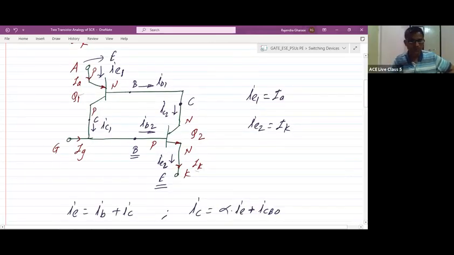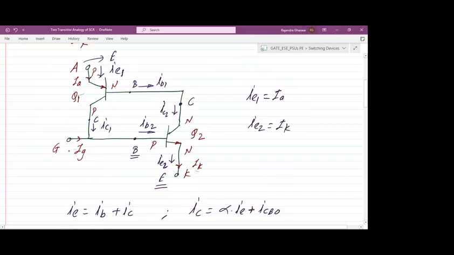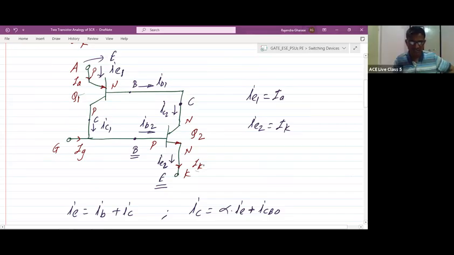Ik will also be very small. Ik means Ia plus Ig. Ig is 0, and since the gate current is not circulated, this transistor is in off state and this transistor is also in off state. So Ia is very small, and Ia plus 0 is nothing but Ik, so Ia equals Ik. Ia means IE1 and Ik is IE2.